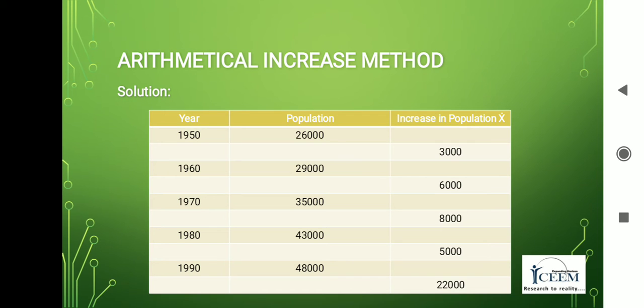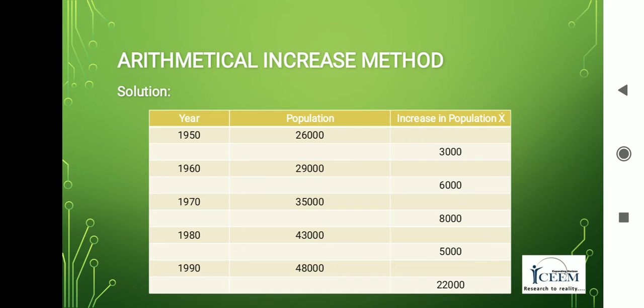Put the values as given in the table, for 1950 and for all the decades. Then the third column is the increase in population, from which we get the arithmetical mean of population increase, x bar.